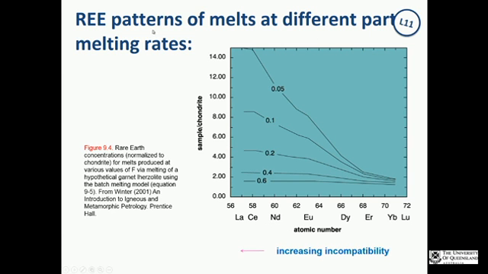We would be melting the whole lherzolite. But as we decrease the melting rate, what we're doing is increasing the amount of incompatible elements in the melt, because those like the melt, and so the less we melt, the more that melt is going to be enriched in incompatible elements. Okay? Again, these incompatible elements would come out, especially if we only melt the raisins of the heterogeneous mantle.